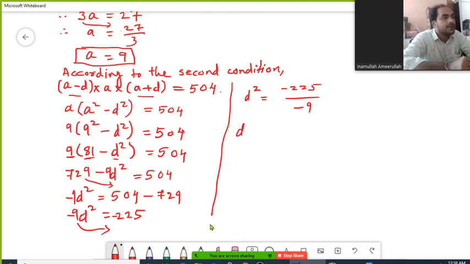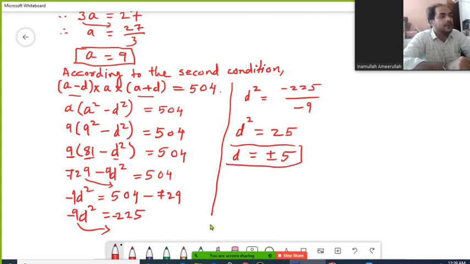So d squared, 9 twos are 18 and 9 fives are 45, that is 25. So this way your d will become plus or minus 5. Now we have the value of a as well as d.